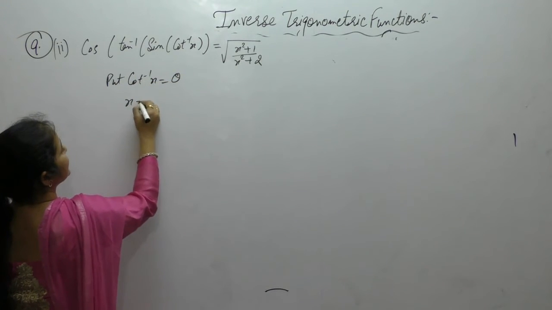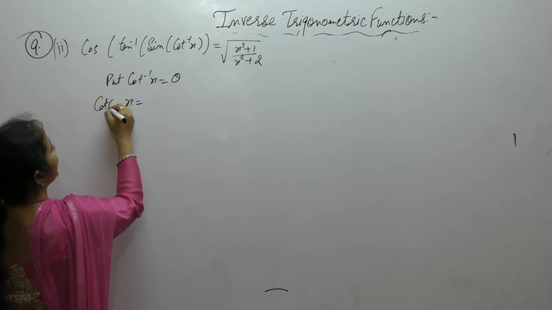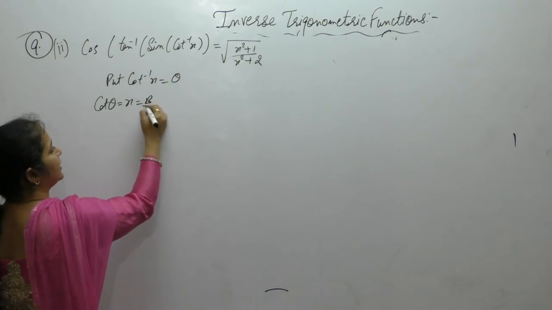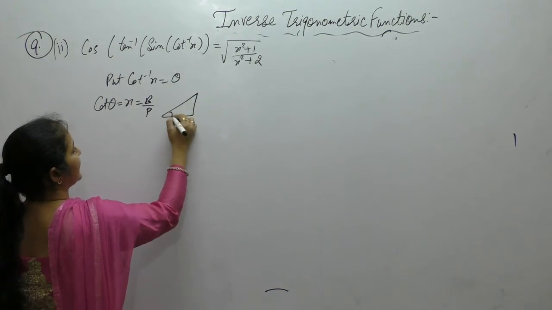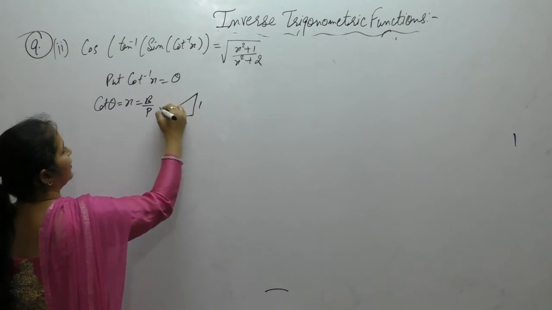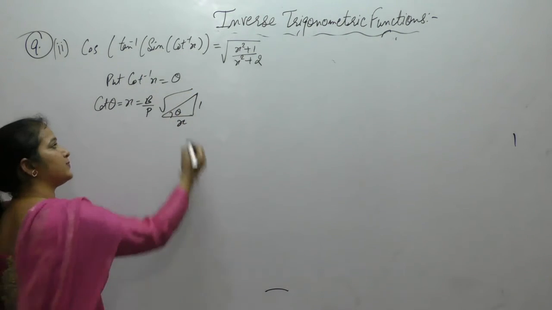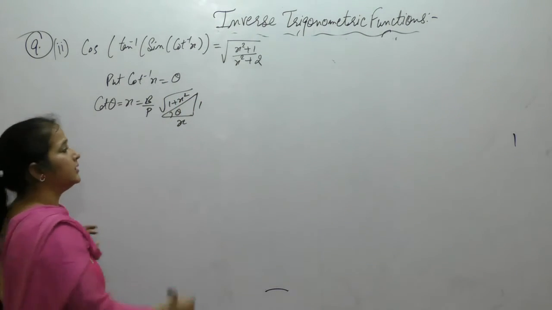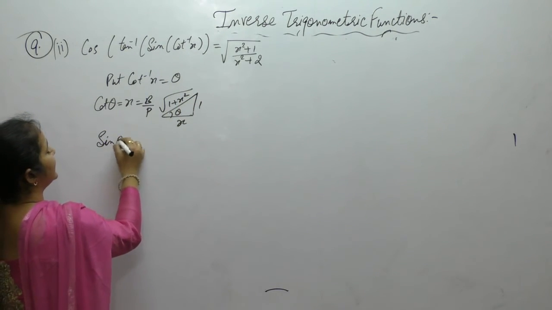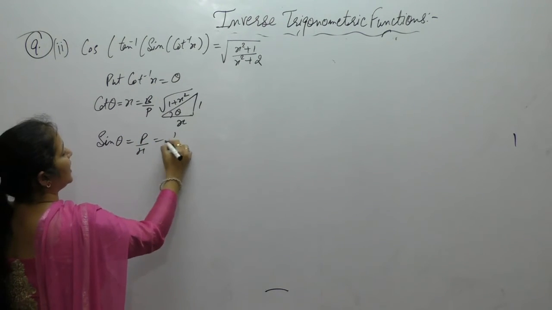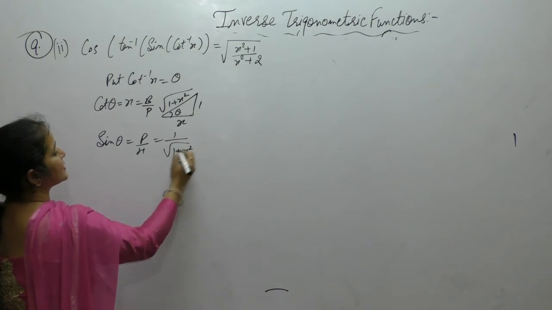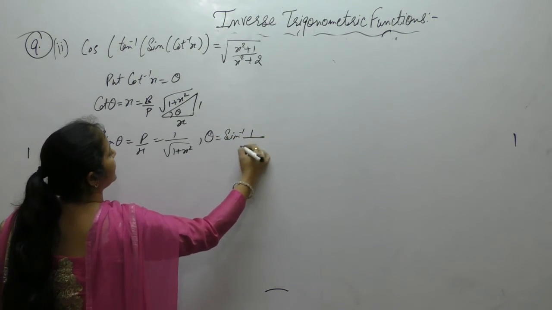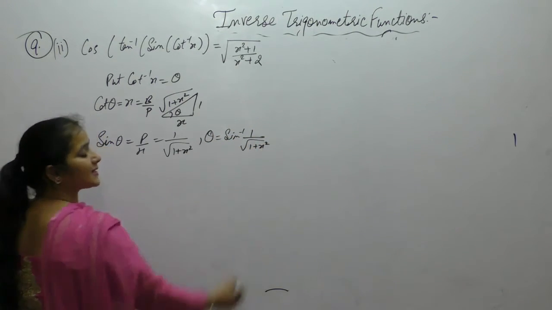So we get x as cot theta, and cot is base upon perpendicular. If this is angle theta, with base and perpendicular, the hypotenuse is root of perpendicular square plus base square. Here we have sine, so we want the value of sine here, p upon h, 1 upon square root of 1 plus x square. So theta is sine inverse 1 upon square root of 1 plus x square.